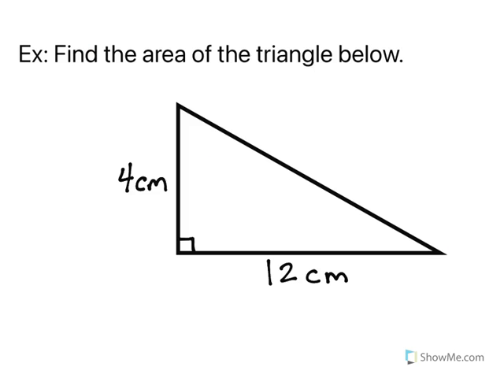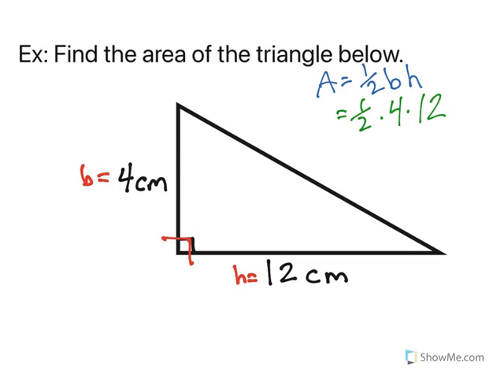All right, so let's find the area of the triangle below. Again, find your right angle. It splits these 2 sides, so one of these is the base, one is the height. I know my formula is area equals 1/2 base times height. So let's substitute in what we know: 1/2 times the base, which is 4, times the height, which is 12.